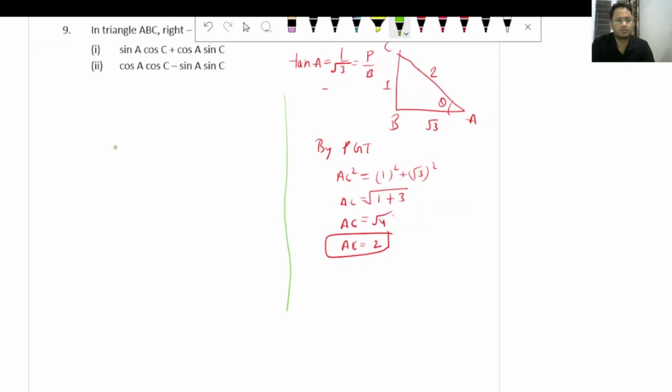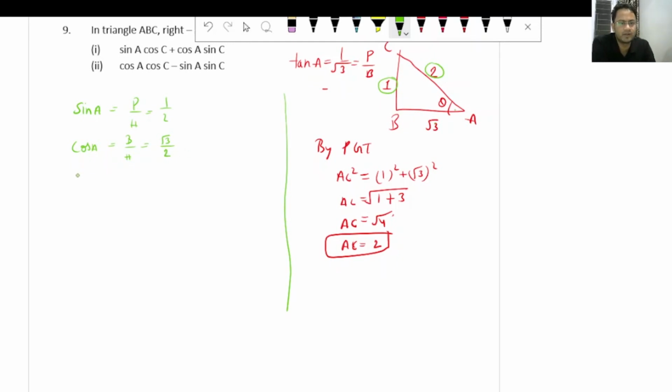Let's first find sin A. If this is theta, and because this is angle A, this will be our perpendicular and this will be our hypotenuse, so 1 by 2. Now you need to find cos A. Some people have curly black hair, so black is root 3, hair is 2, so cos A is root 3 by 2.